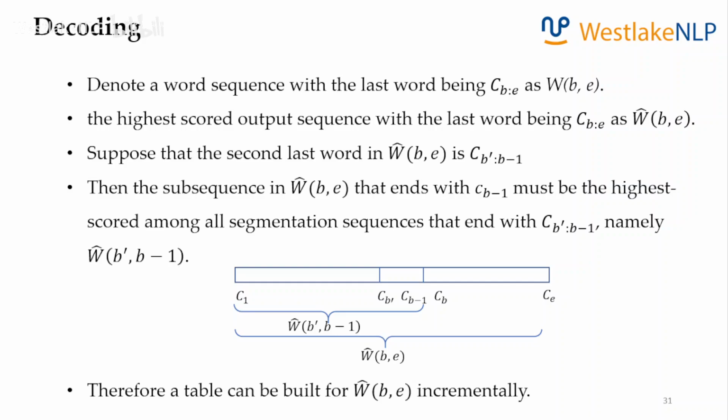So if we don't store B, we only store E. It stores the highest scored subsequence until character E, right? It doesn't contain the signature, which is the last word from B to E being a word.